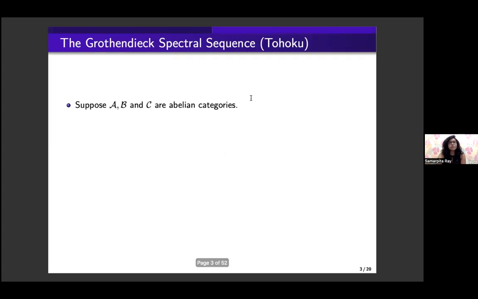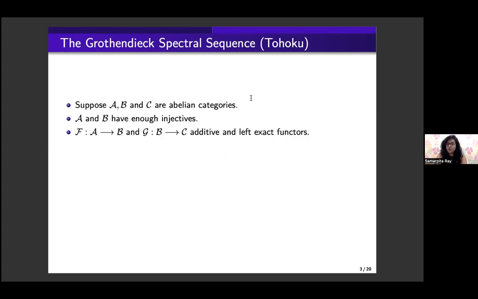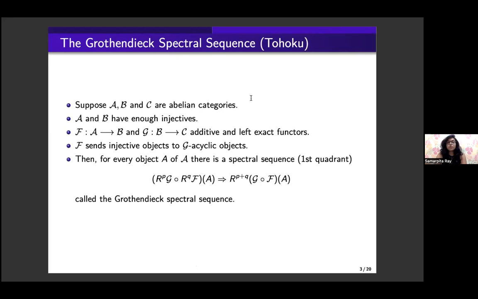Okay, so let's start with what a Grothendieck spectral sequence is. Just to recall, if you have 3 abelian categories A, B, and C, such that A and B have enough injectives, and you have 2 additive, left exact functors F from A to B and G from B to C, such that F sends injective objects to G-acyclic objects, then we have a spectral sequence which can compute the higher derived functors of the composition of the 2 functors, given that you know the higher derived functors of each of the functors.